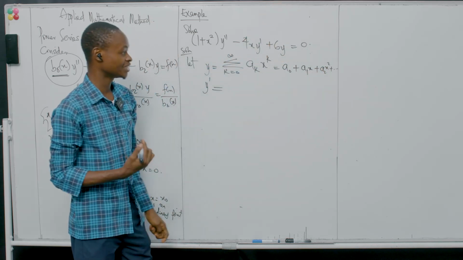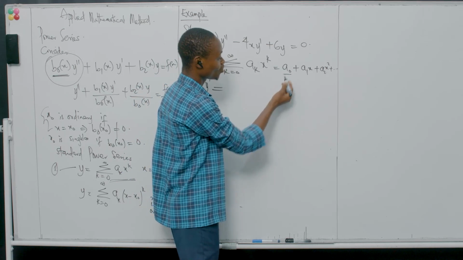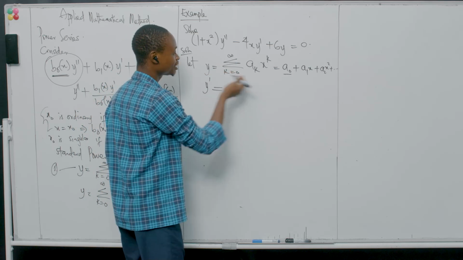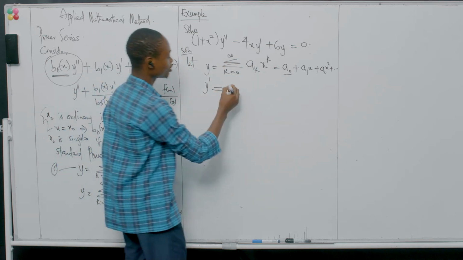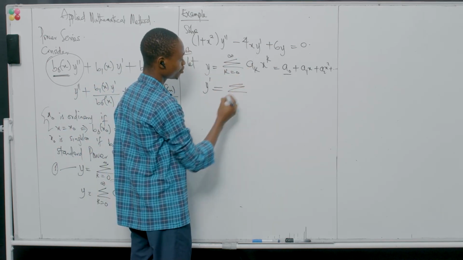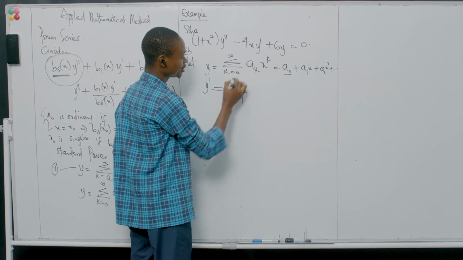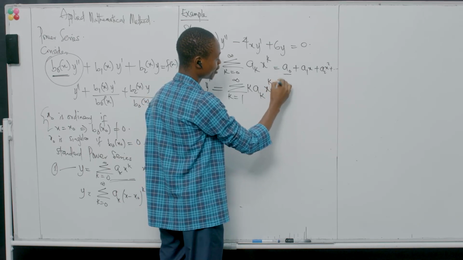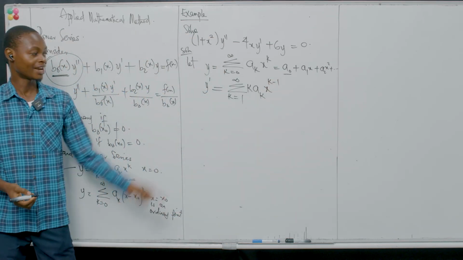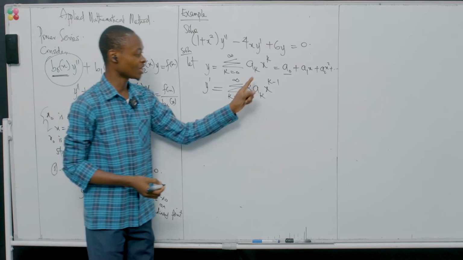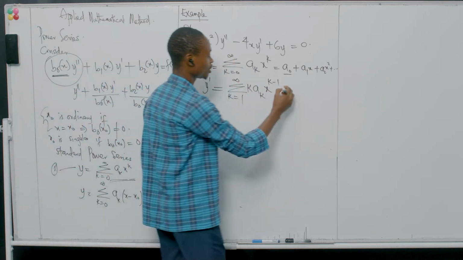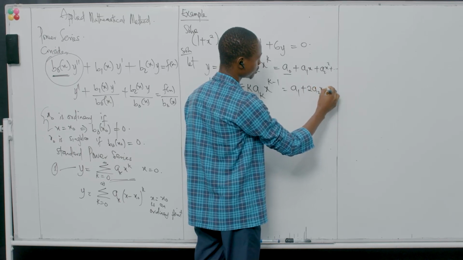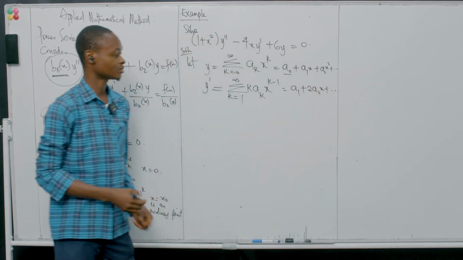It means the first value will vanish, because when you differentiate the constant, you have 0. The same thing applies to the counter. The counter now becomes summation k starting from 1 to infinity of k a_k x raised to the power k minus 1. And if you expand this, you have a1 plus 2a2x plus, and so on. Are we together?